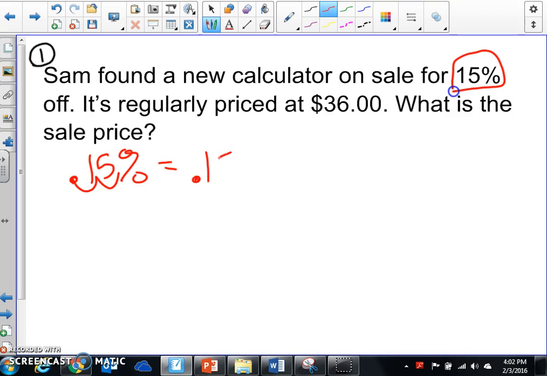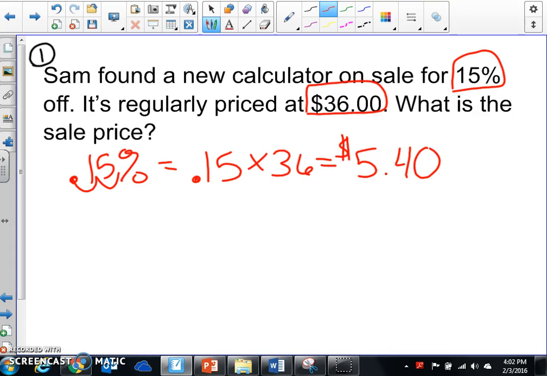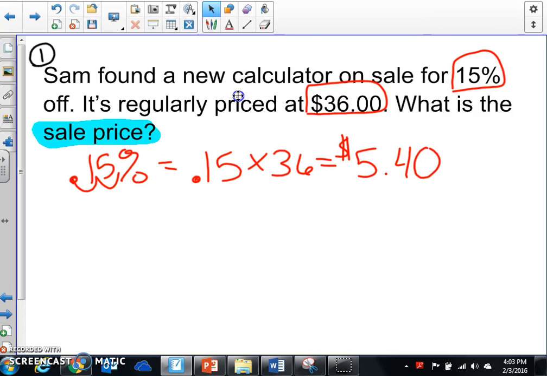So that's 0.15. Then we take the total amount, which is $36, and we multiply. So 0.15 times 36 is 5.4, which, since it's money, is $5.40. That is just how much it's on sale. They want to know what the sale price is. The sale price is another word for total.